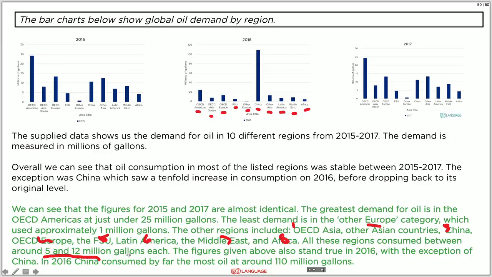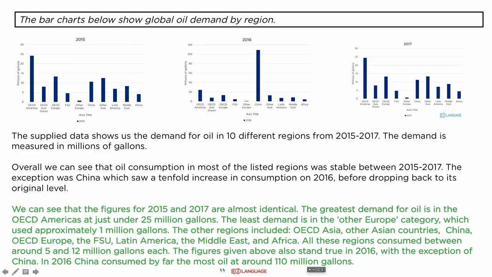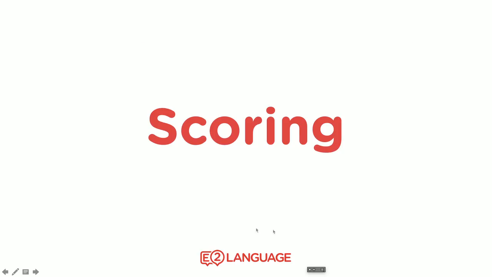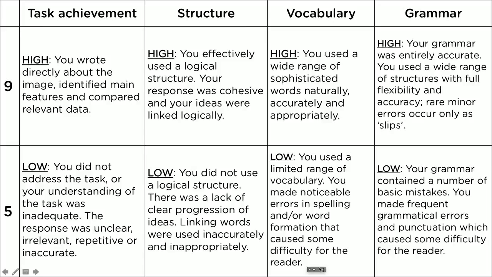A clever way to include everything into 1 or 2 sentences. The figures given above also stand true in 2016, with the exception of China. In 2016, China consumed by far the most oil at around 110 million gallons. Done.